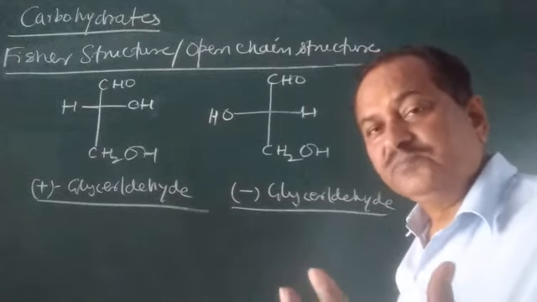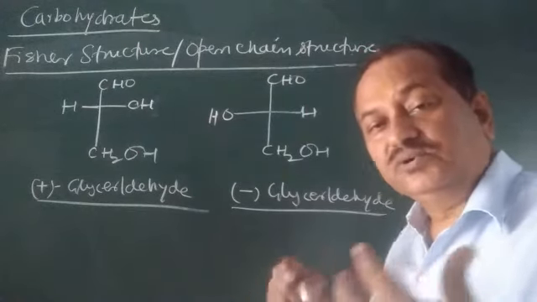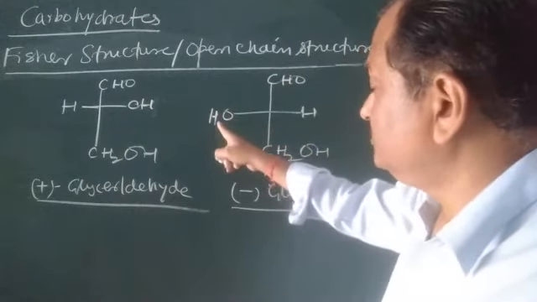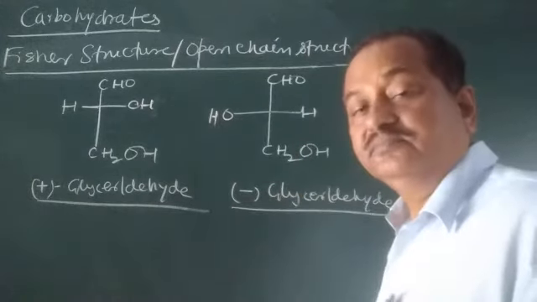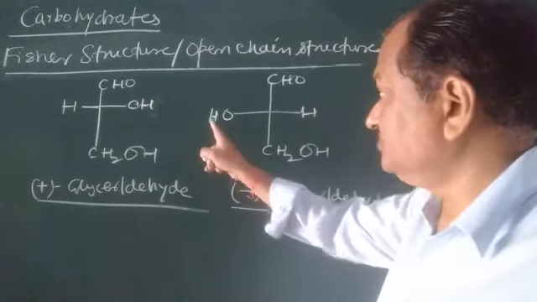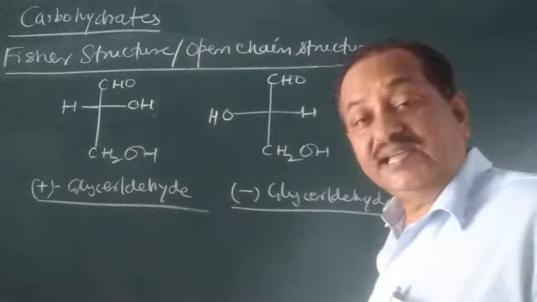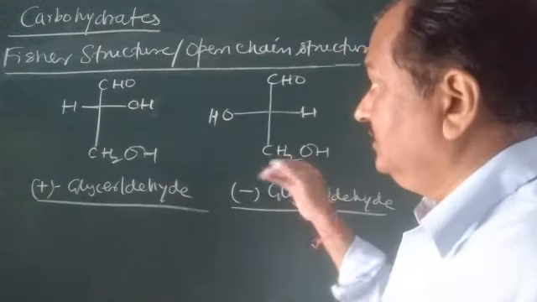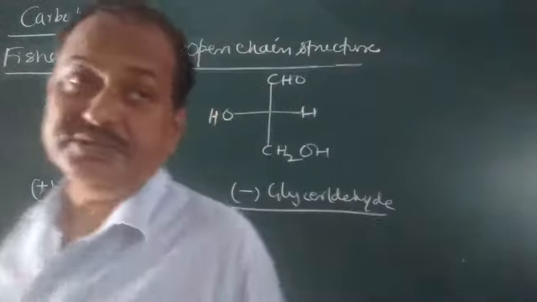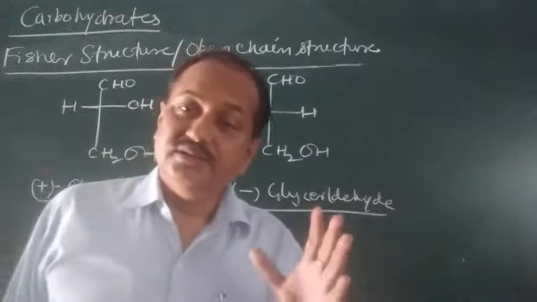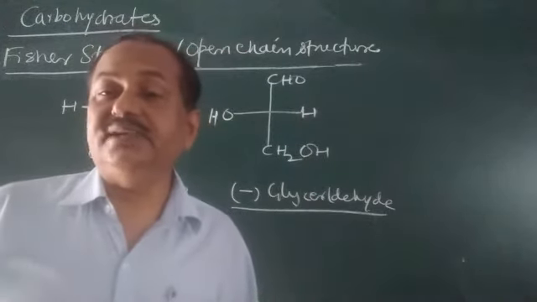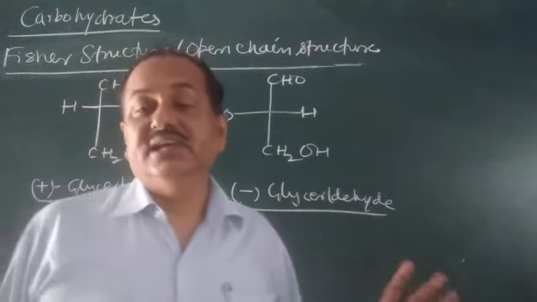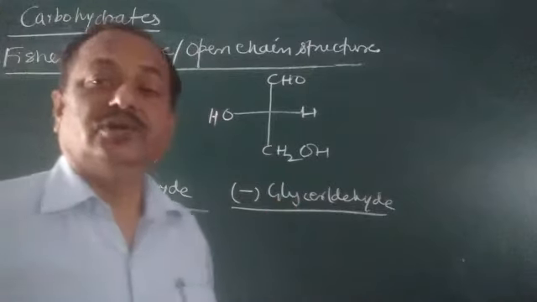Glyceraldehyde is an organic molecule used to correlate the D and L forms. Here the second carbon has the OH on the left side, so it is said to be minus. Similarly, in L-glucose, carbons 4 and 5 will have the OH toward the left side. So this is about the D and L forms of glucose.